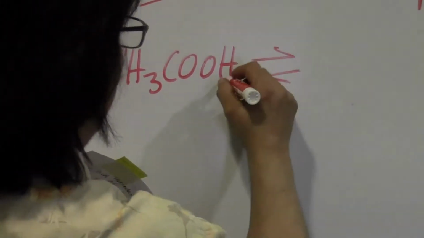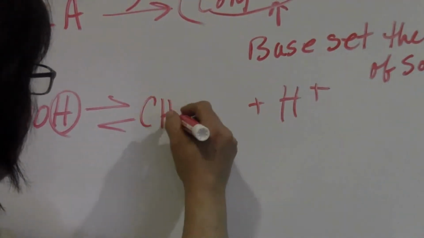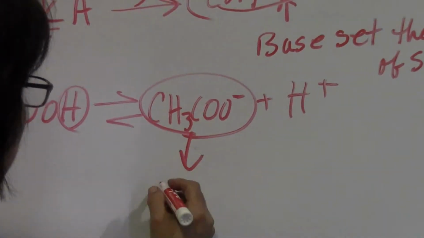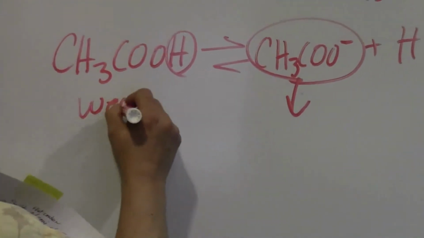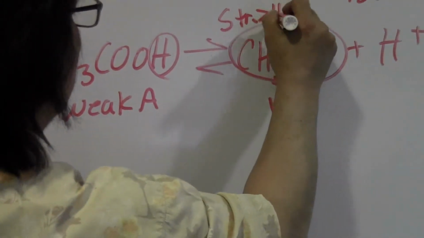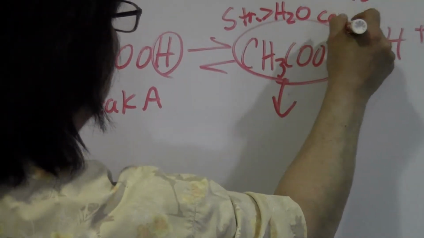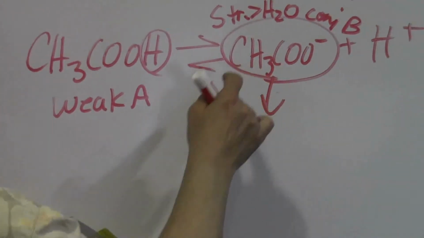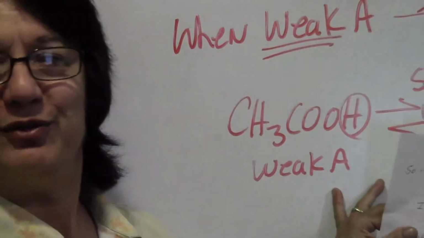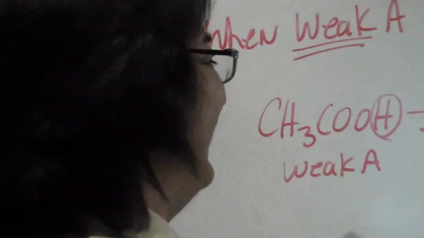If it loses a hydrogen, we're left with CH3COO minus. Since this is a weak acid, this is a stronger than water conjugate base. Why is it a weak acid? It's a weak acid because it's not in the strong acid song. Thank you for asking, sis.